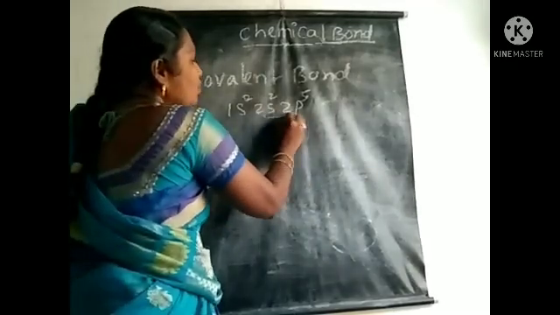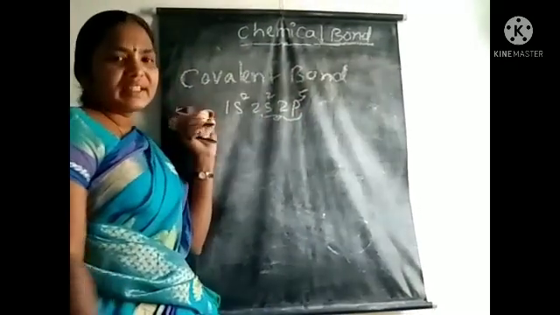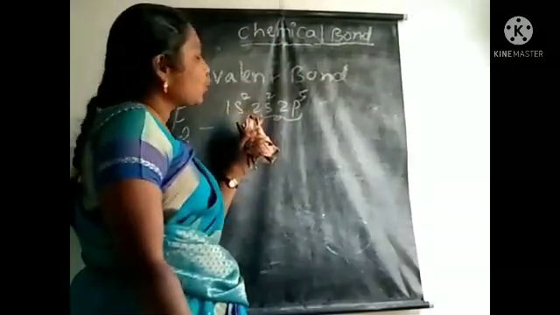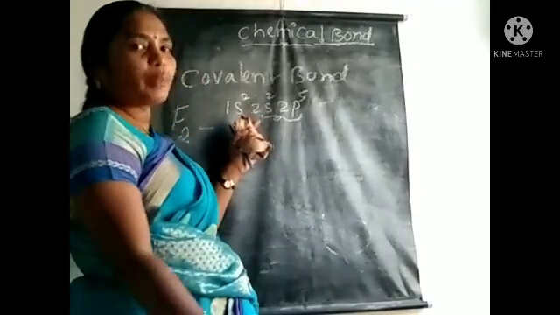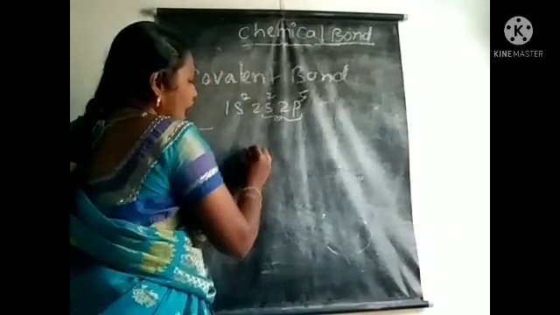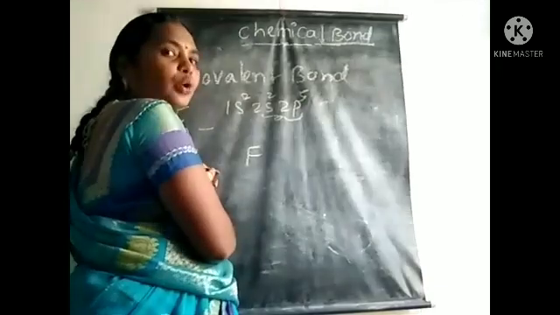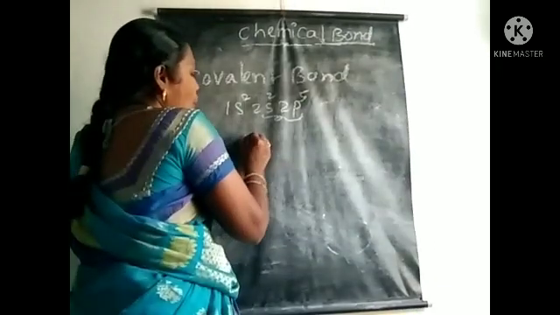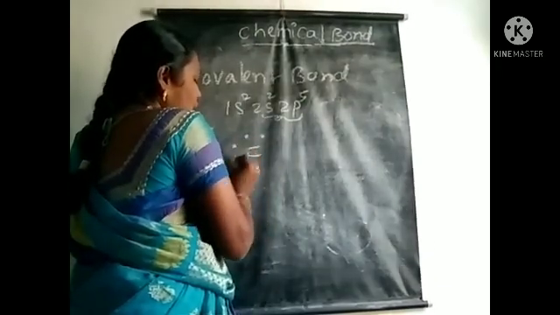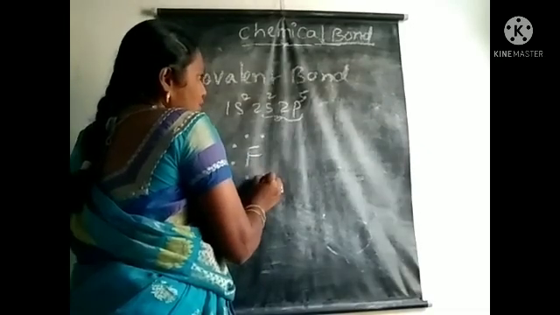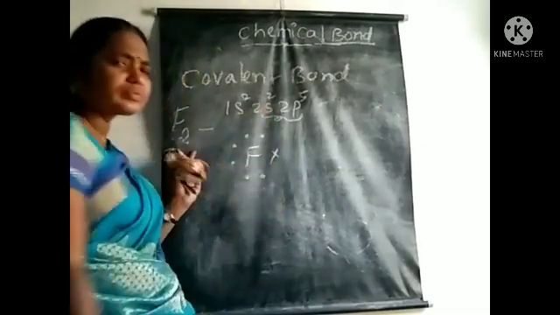Okay, in the outermost shell of fluorine, how many electrons does it contain? 7 electrons. I will represent it in Lewis dotted structure: 1, 2, 3, 4, 5, 6, 7.